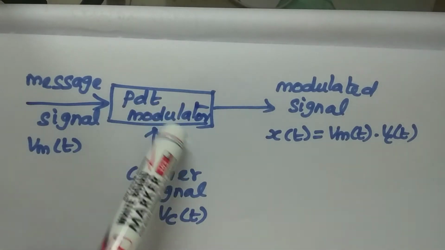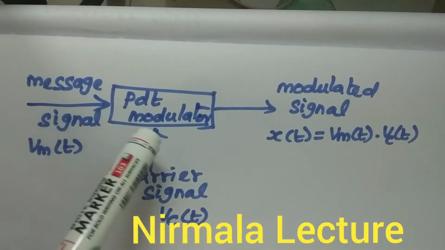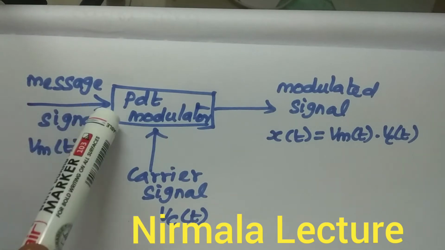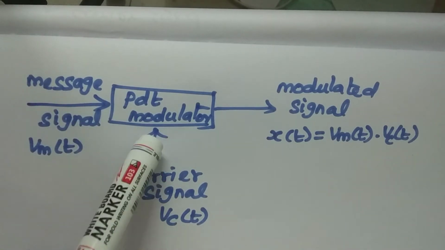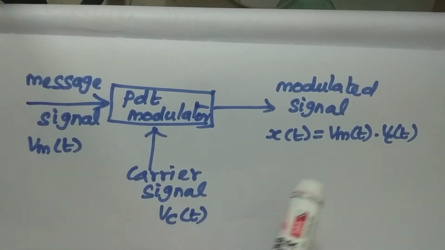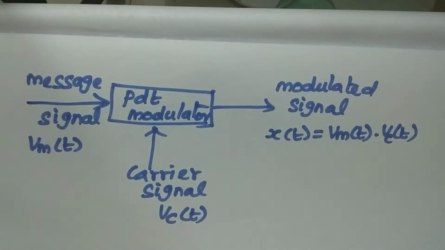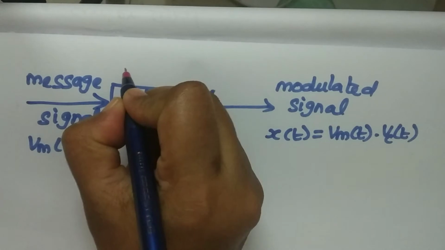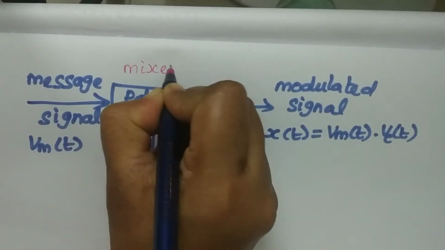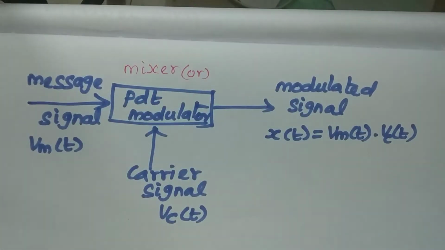So we are using a product modulator. It's nothing but a mixer. The input signal is Vm of t, the carrier signal is Vc of t, and the modulated signal is nothing but Vm of t into Vc of t. Mixer or product modulator.